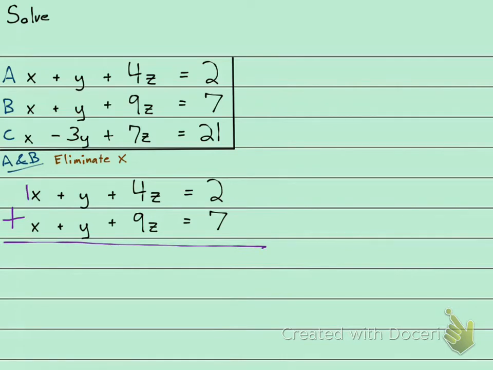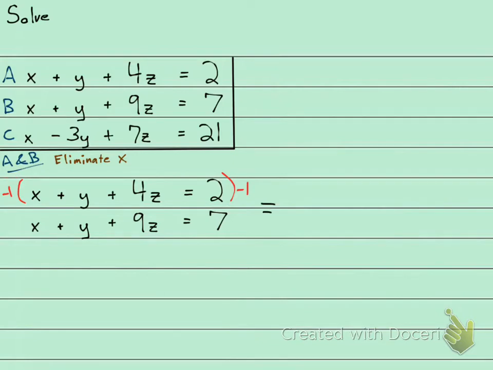I'd have 1x plus 1x, that would give me 2x. No, it wouldn't go away. So I need them to be opposite. I'm going to multiply this top equation times a negative 1, both sides. That way I'll get a negative 1x, and then they should cancel out.